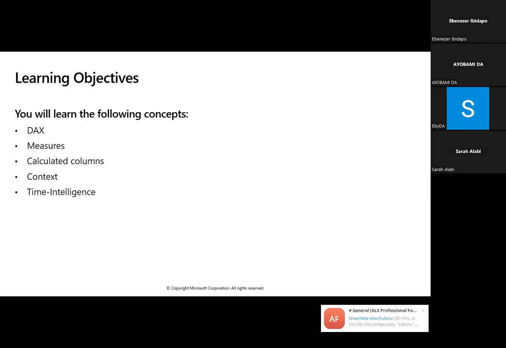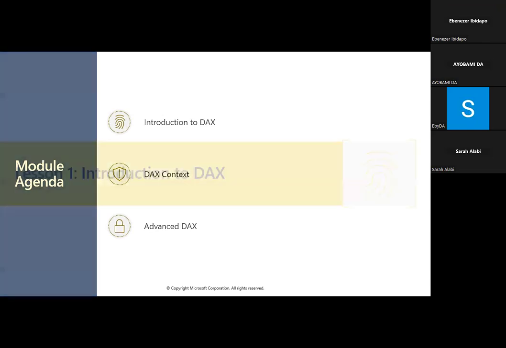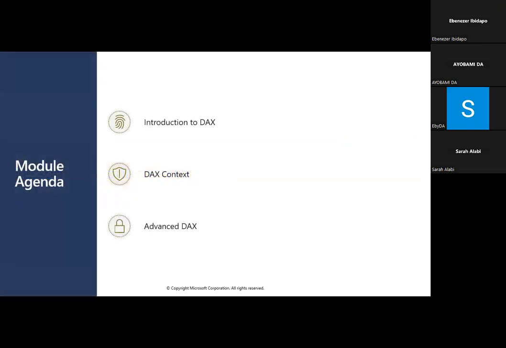Permit me, I will run through this as quickly as possible so that I can go to the practical. I want to spend just under 30 minutes introducing the theory and then jump to doing it. So we'll talk about DAX, DAX context, and advanced DAX, which I won't cover in this class.